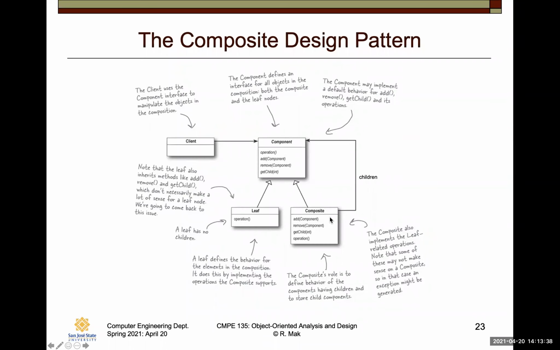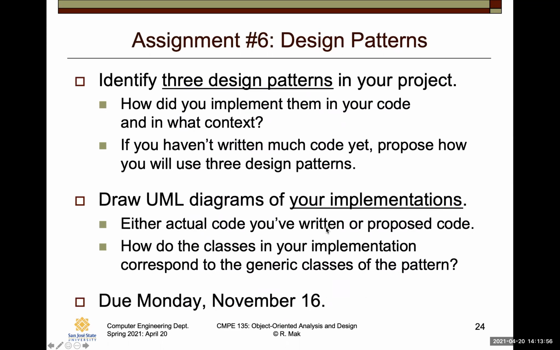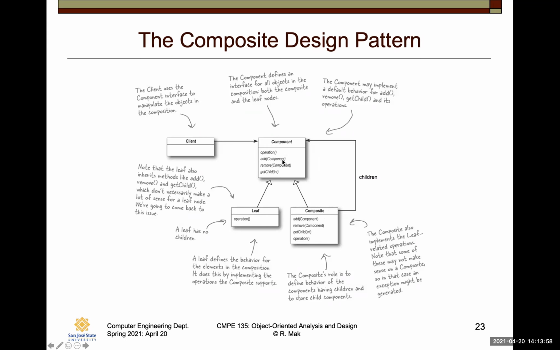And here is a composite. Now a composite is like our group. A composite can have children, but you can also apply the operation on the composite, and that's because a composite is also a subclass of component.